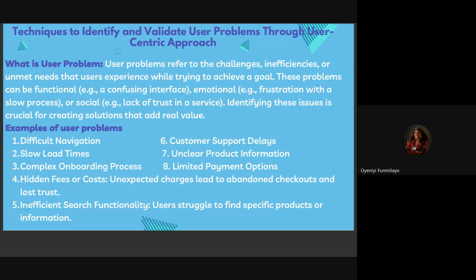Another thing is hidden fees or costs. Unexpected charges will lead to abandoned checkout or lost trust. So imagine you bought something, you picked 5 items, you've calculated everything, and the sum is, say, 50,000 naira. Maybe say 10,000 naira. And then you finally want to check out, and you're now seeing 67,000.